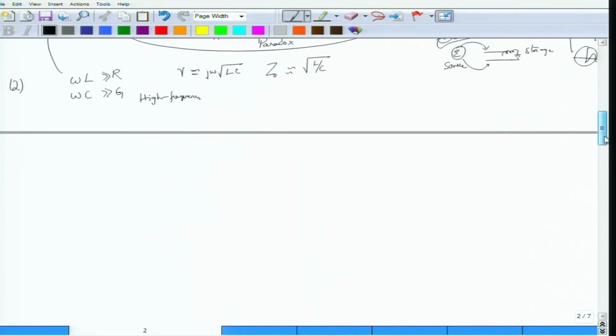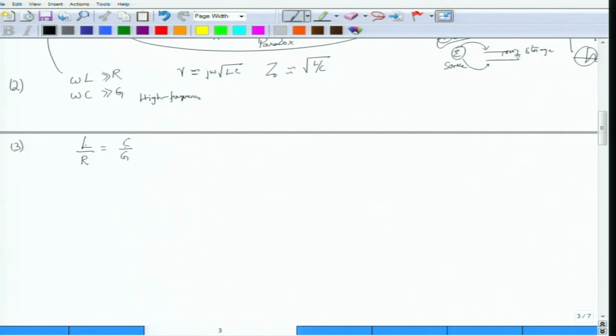In practice, you do not really get such nice high frequency lines, or although you do get high frequency lines, you cannot completely ignore R and G, but there is another kind of condition which is called Heaviside's condition, and this case is slightly interesting because in this case you actually adjust the transmission line parameters in such a way that L by R will be equal to C by G. Do you recall what L by R is?